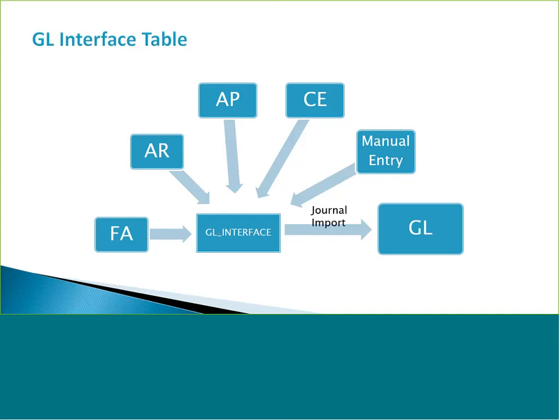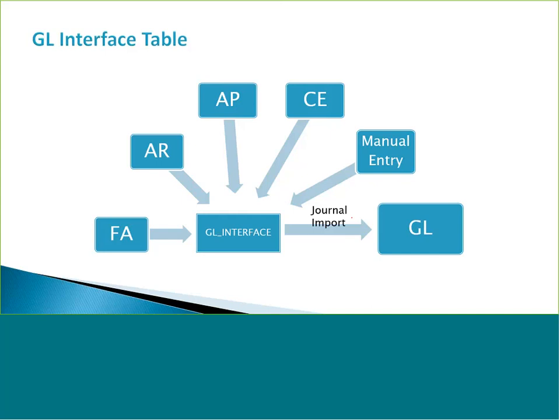That's for information that comes from the external modules, the sub-ledger modules. When you run the import program, the import program validates this information and makes sure that it is correct. So if there are lines which are not balanced, that information will not be imported.